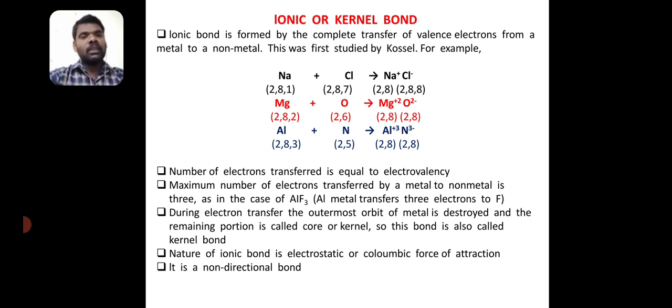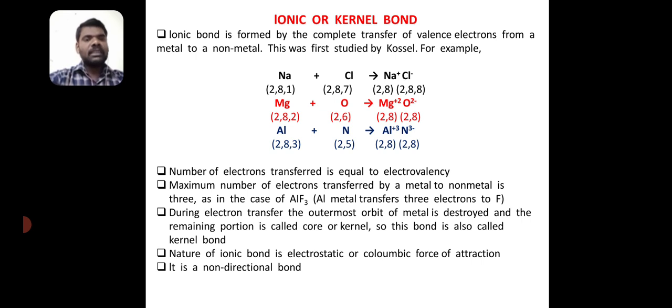In the ionic bond, the number of electrons transferred is equal to the electrovalency. The maximum number of electrons transferred from the metal to the non-metal is 3. For example, in aluminum fluoride, aluminum metal transfers 3 electrons to fluorine.